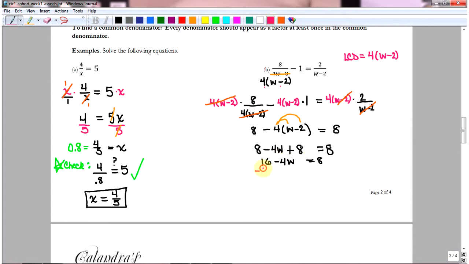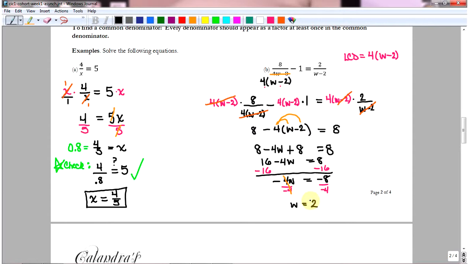I'm going to subtract 16 from both sides. And I have negative 4w is equal to negative 8. So now my last step is to divide both sides by negative 4. Okay, so it makes our negative 4's cancel, and we have w is equal to 2.